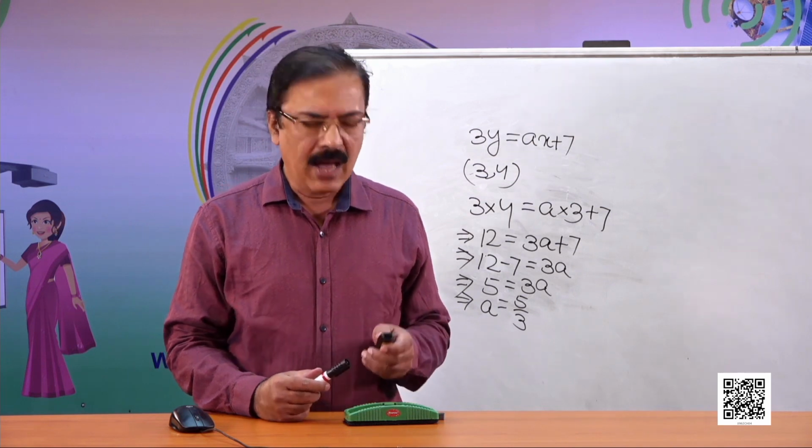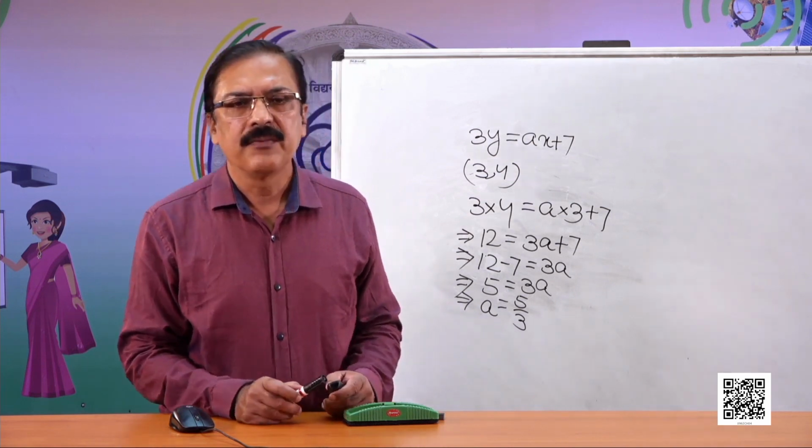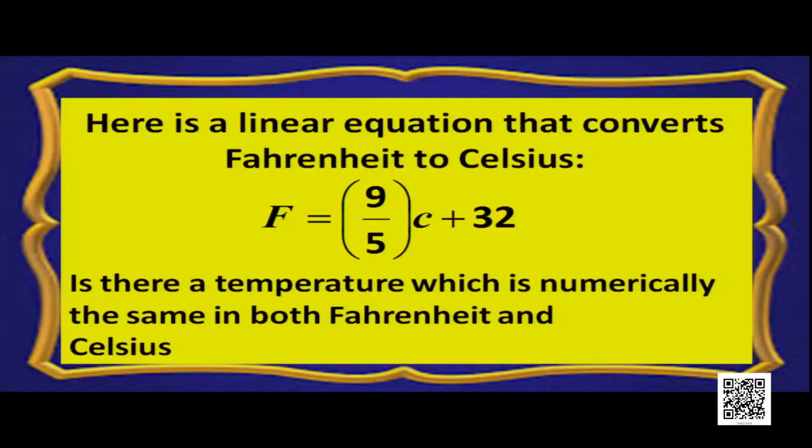Let's have another example. Here is a linear equation that converts Fahrenheit to Celsius. In your physics, you will see this type of equation: F is equal to 9 by 5 into C plus 32, where F stands for Fahrenheit and C stands for Celsius.